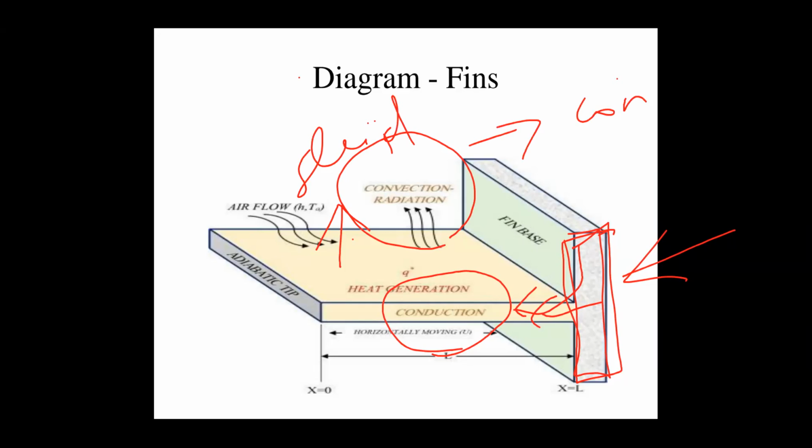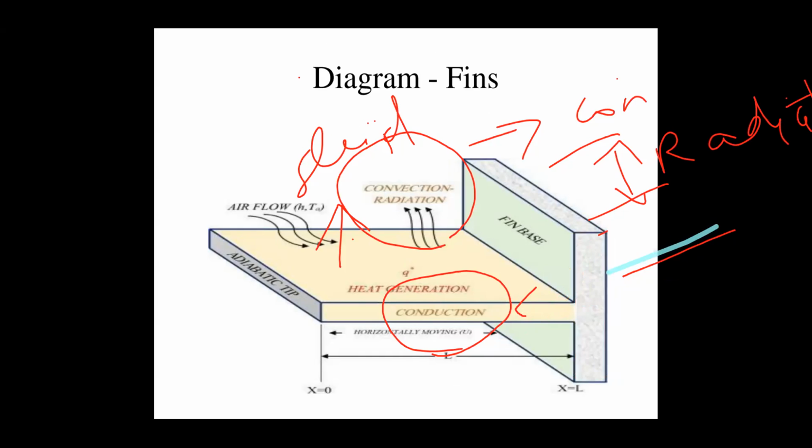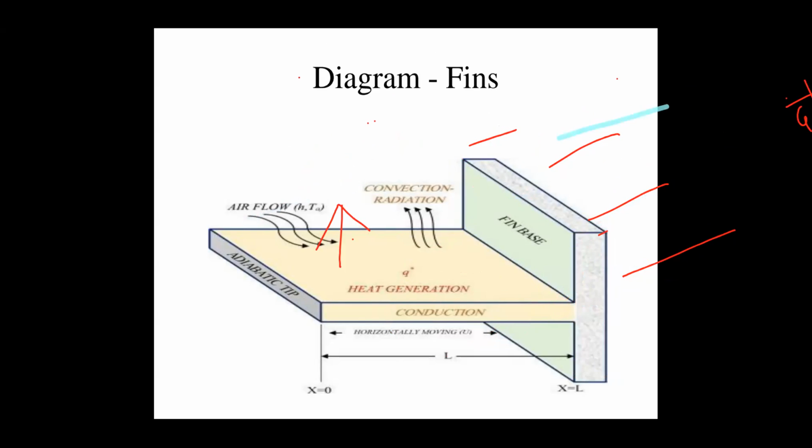Where there is no transmitting medium, that is radiation. Both convection and radiation are present in heat transfer fins. Some formulas are used to find the efficiency and effectiveness of the fin. Next we see the efficiency and effectiveness of the fin.